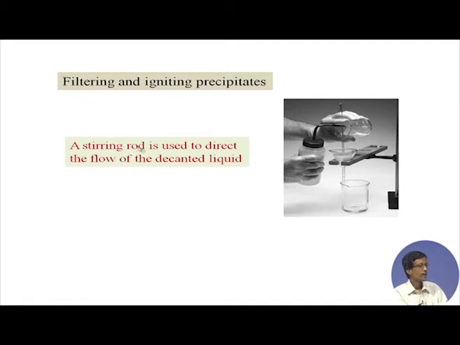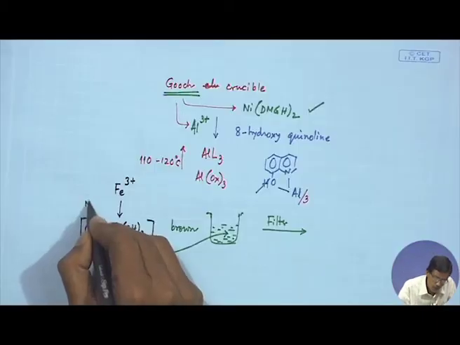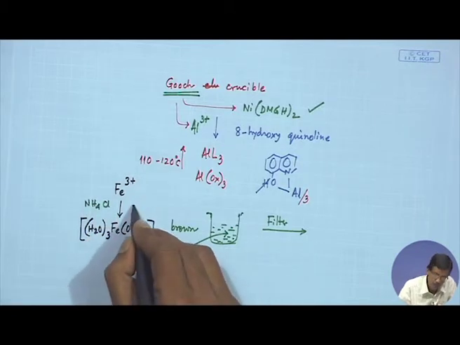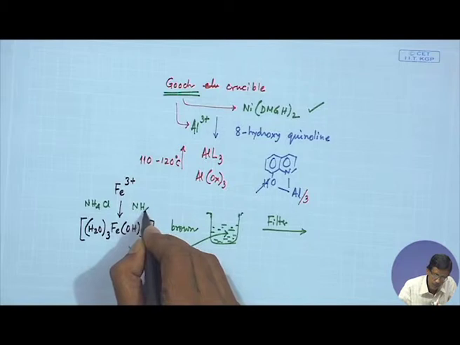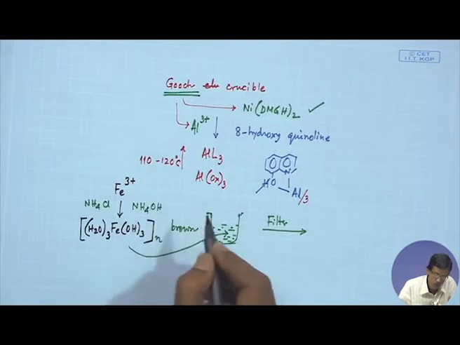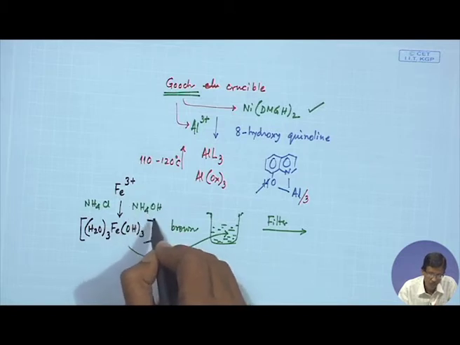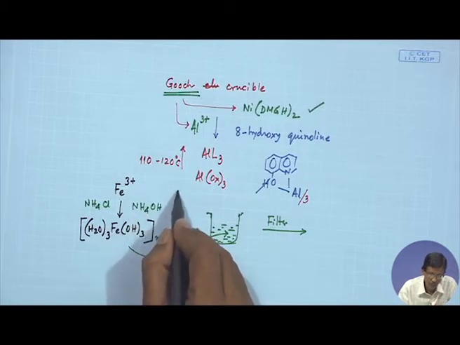Similarly, this glass rod is useful for transferring the reagent. How? You can use solid ammonium chloride, but ammonium hydroxide is a liquid. So, drop by drop addition of ammonium hydroxide can be done through the side of the stirring rod.